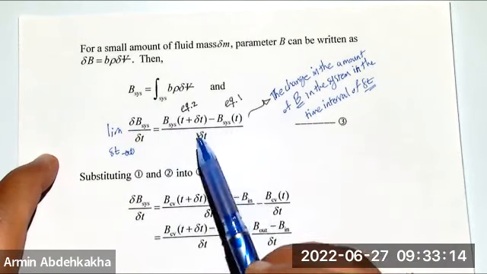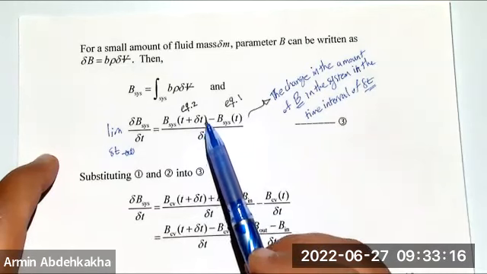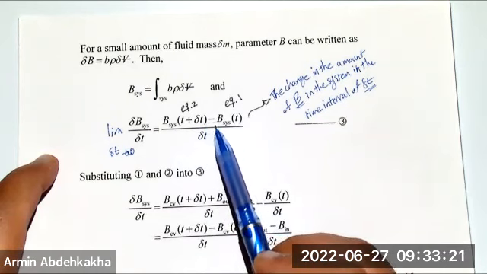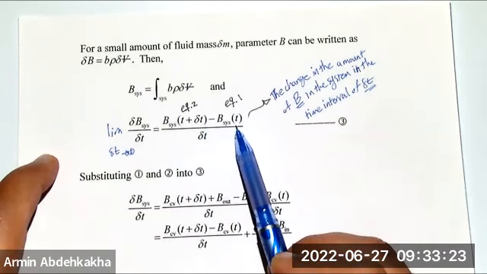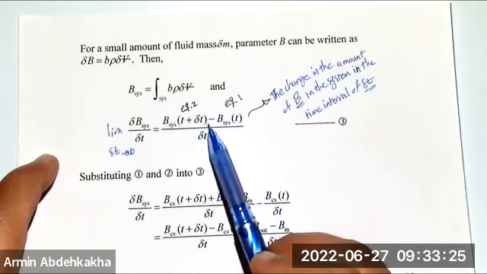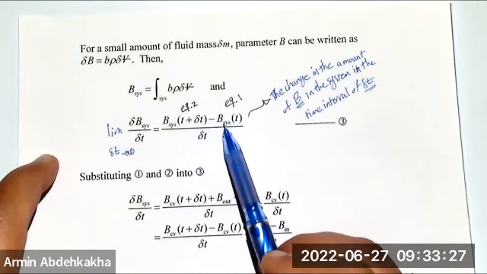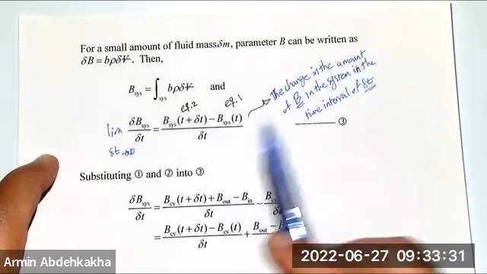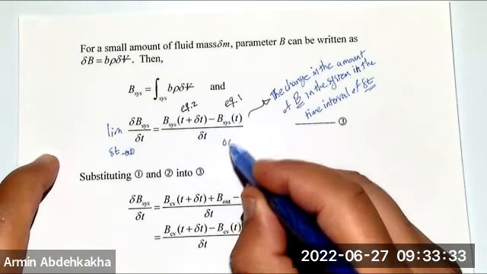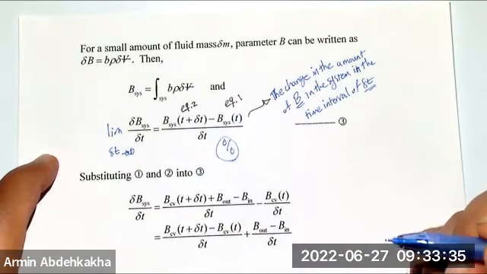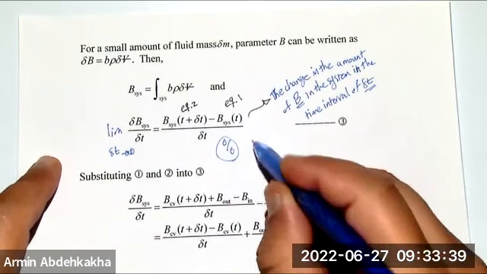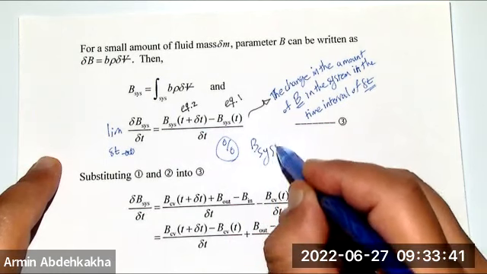So you can write that B of system at t plus delta t is equal to B of system at time t. Then this one minus B system at t is going to be 0. Delta t is going to 0, then the answer is 0 over 0, which you cannot find an answer for, okay? Because the B of that system is always constant over time.